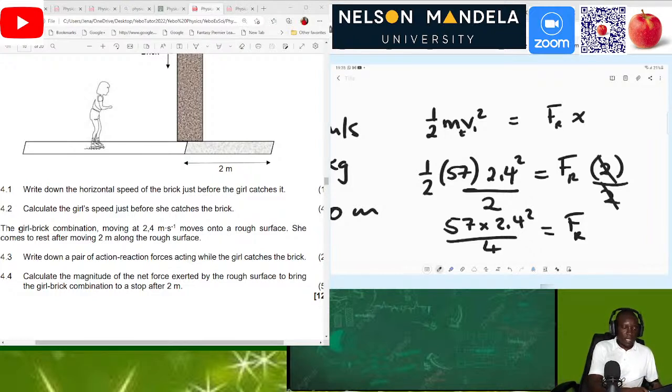Let's see the other method, and if it gives us the same thing. Displacement: v squared equals u squared plus 2as, so we know that s or x equals v2 squared minus v1 squared over 2a.